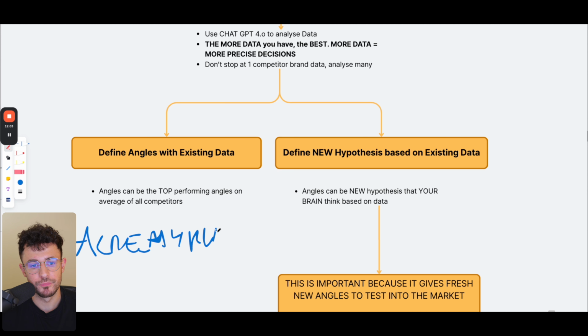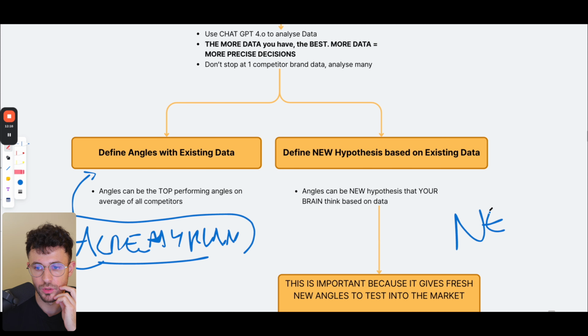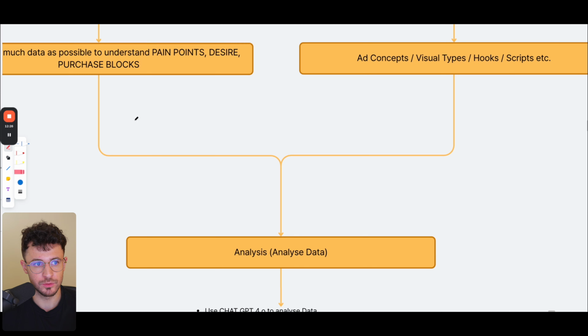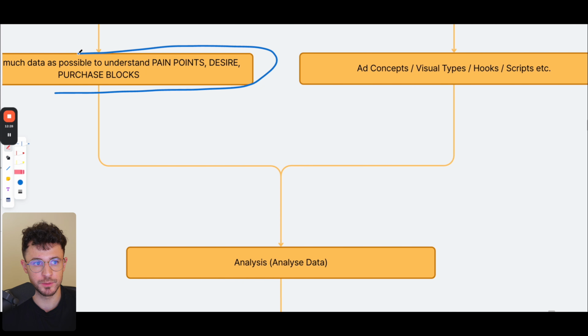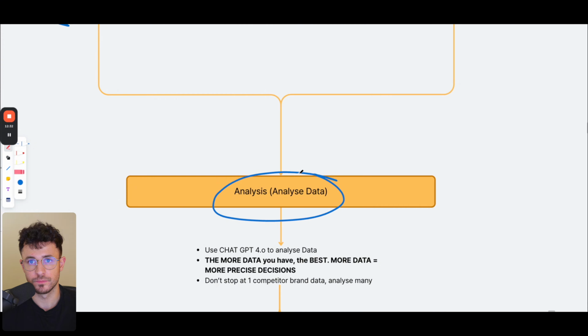Already running. Okay, so those creatives and those angles are coming from existing brands. And then there are new creatives, and these new creatives are the creatives that you need to create based on all the information, so based on all the angles, potential blocks, pain points, and desires that come from this analysis.